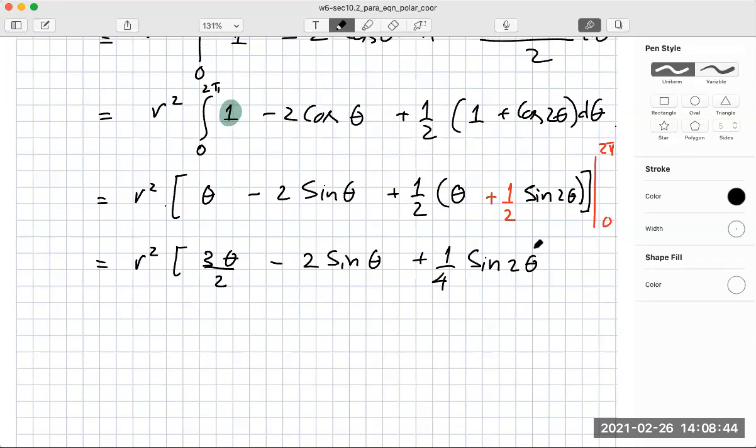Okay? And do it slowly. You will see that the final result will be 3 pi r squared. Go home and double check it. Okay? That is how we compute an area of a parametric equation.